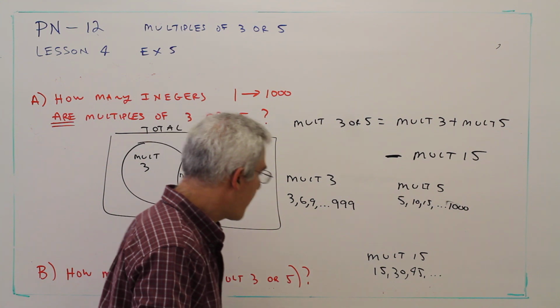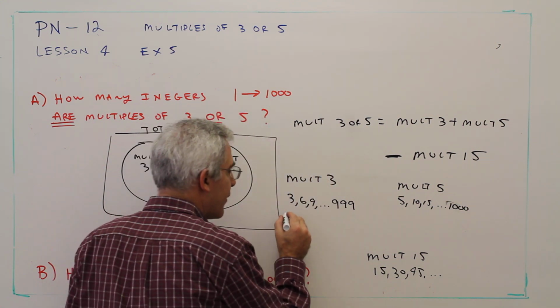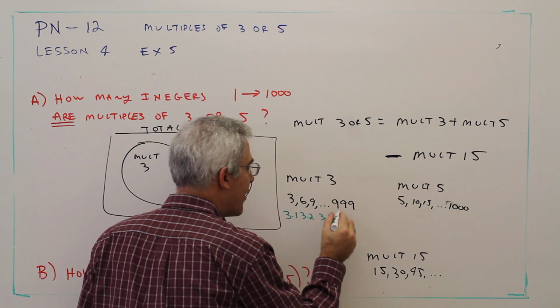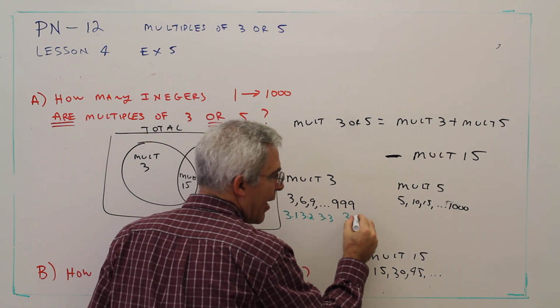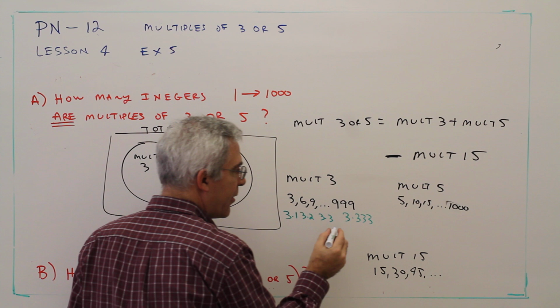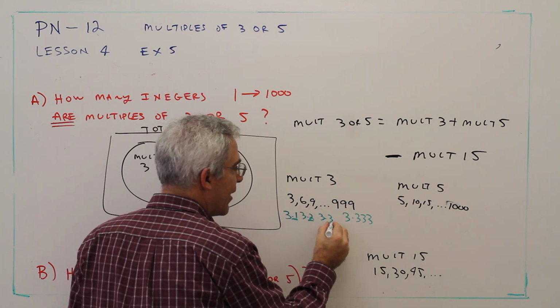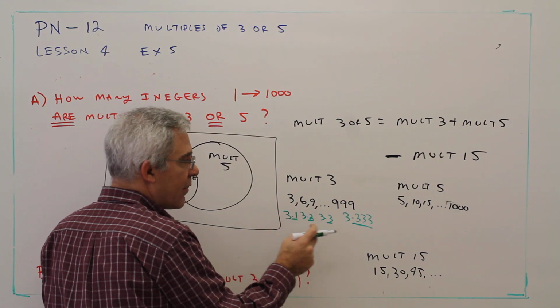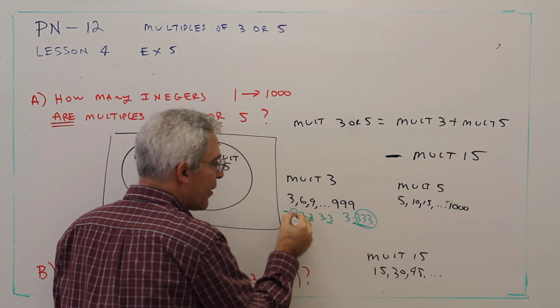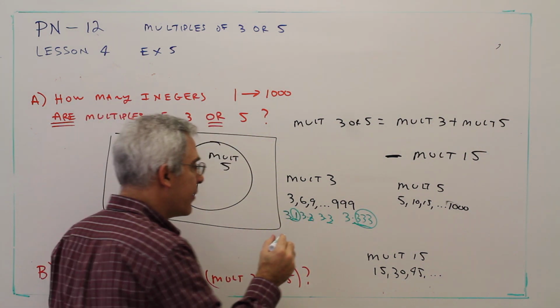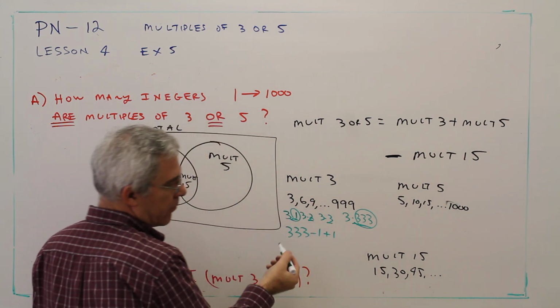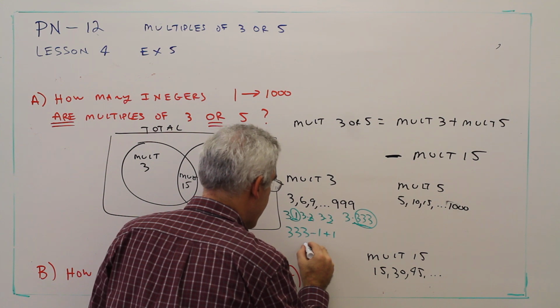Alright, so remember this is 3 times 1, 3 times 2, 3 times 3, 3 times 333. So I've got these consecutive items in my list, so all I do is subtract and add 1. And I get 333.